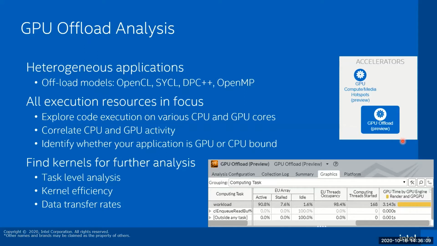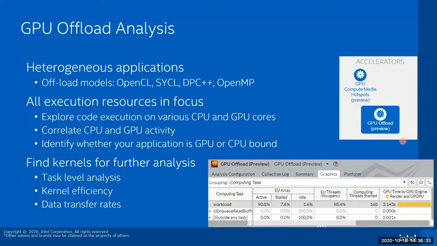You might notice that it's a preview type of analysis. It means that it's really actively developed, and the interface or the views can change with time because it's still under development, very dynamically at the moment.